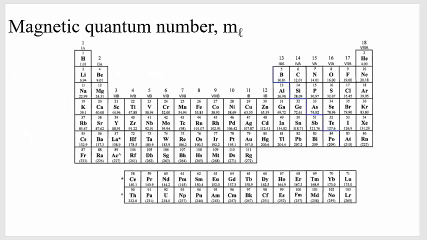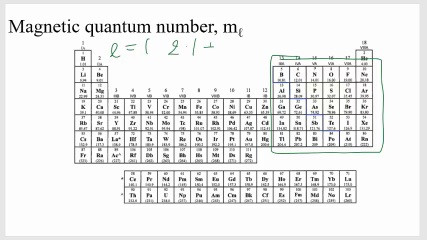Let's move on to the other section of the main group elements here, everything not including helium. For this section of the periodic table, we know the L value is 1. So we can do our little formula, 2 times the L value plus 1.